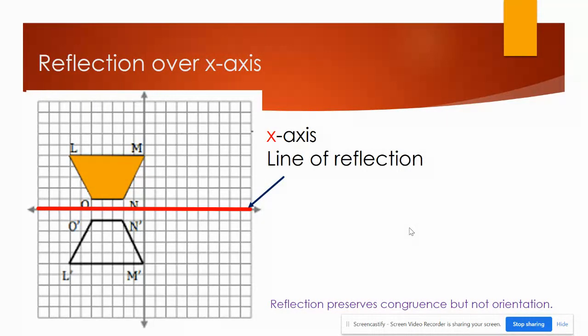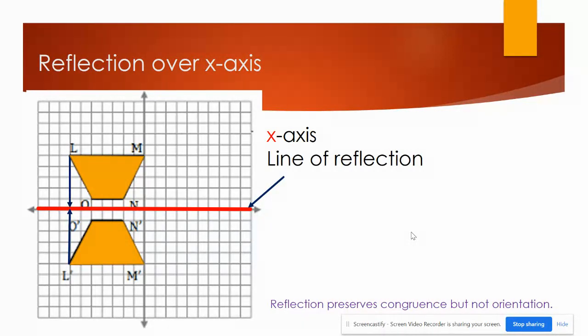So our pre-image is going to reflect over the x-axis, and this will be the position of the image. Let's take a look at each point. When we reflect, we must make sure that each point is the same distance from that line of reflection.